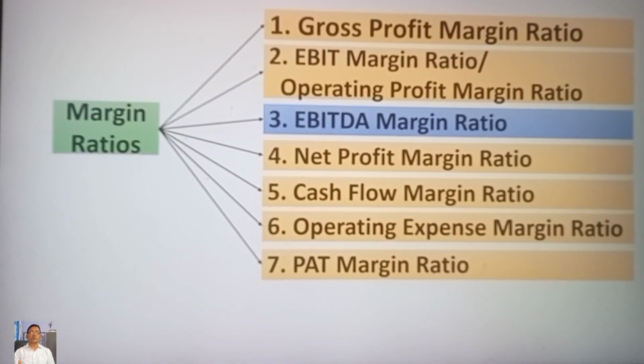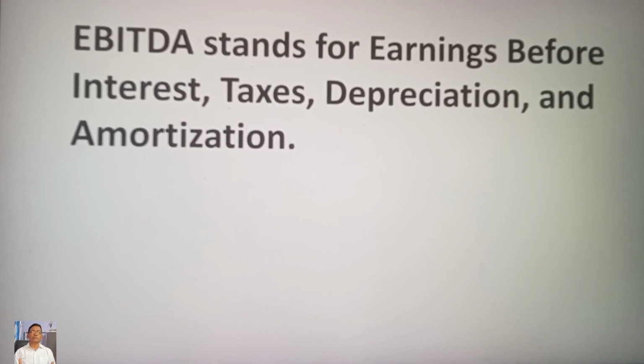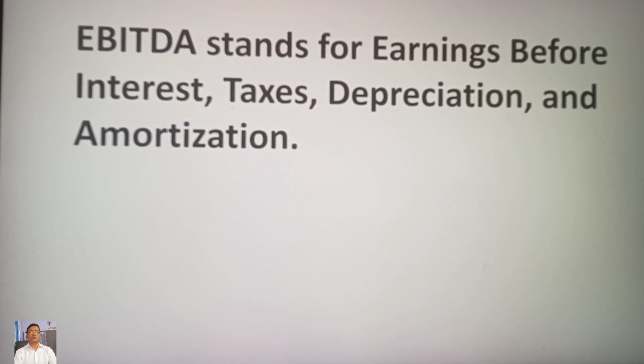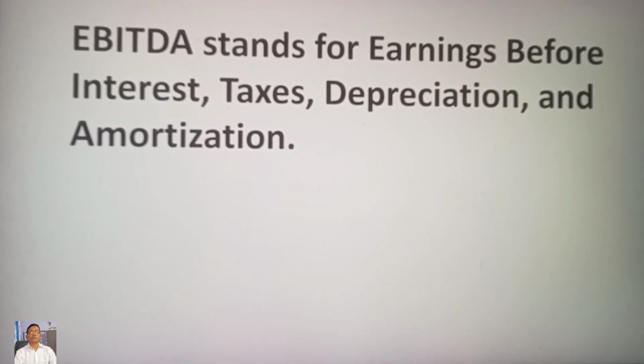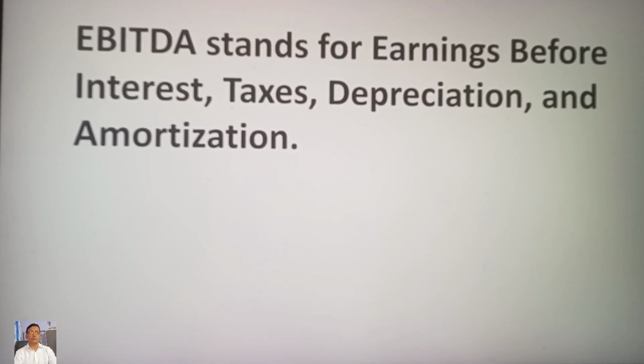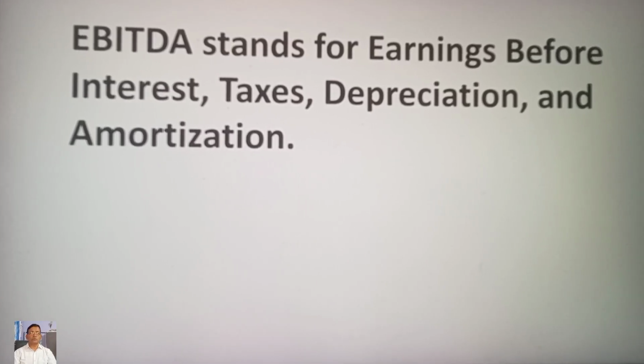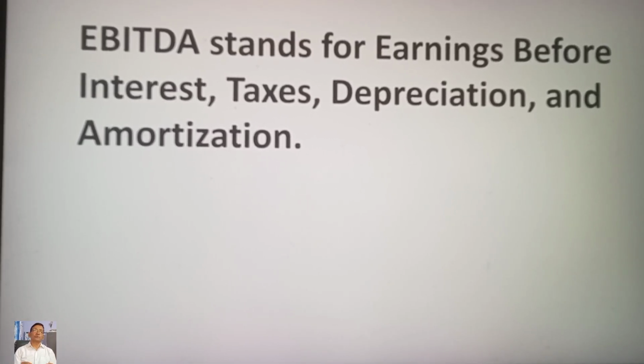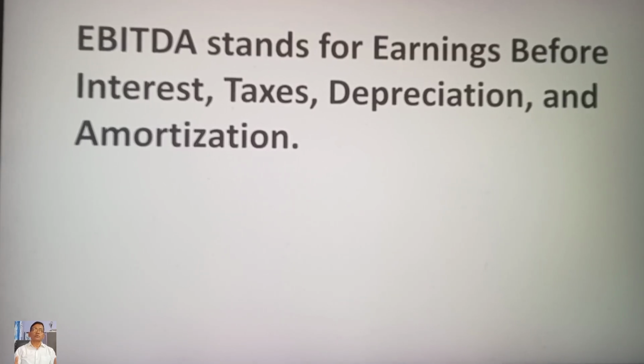Third, EBITDA margin ratio. EBITDA stands for earnings before interest, taxes, depreciation and amortization. It represents the profitability of a company before taking into account non-operating items like interest and taxes, as well as non-cash items like depreciation and amortization.